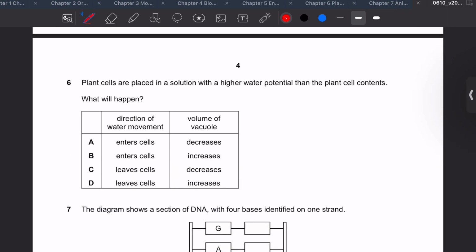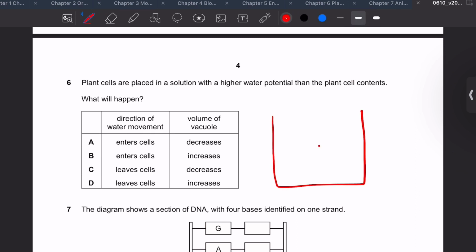Number 6. Plant cells are placed in a solution with a higher water potential than the plant cell contents. What will happen in this situation? Okay, so let's just draw it.